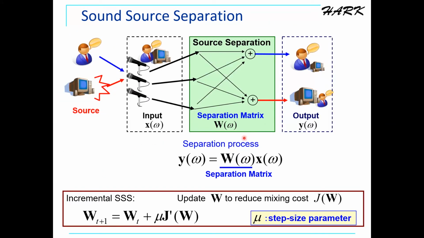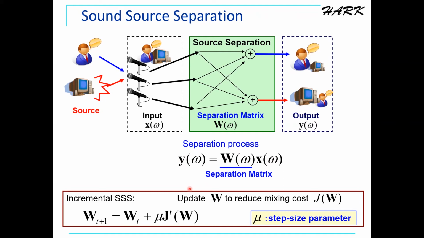This is a general system configuration for sound source separation. Input signals are represented by vector x, and the separated output signals are represented by vector y. The separation process is denoted by this equation using a separation matrix W. The main problem for sound source separation is how to estimate this W precisely.